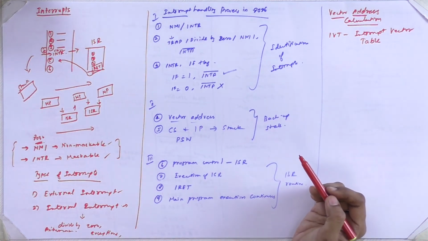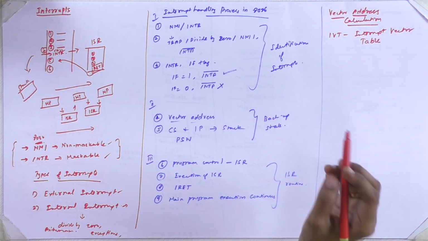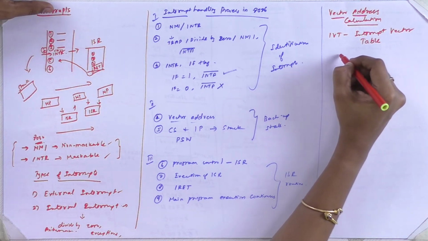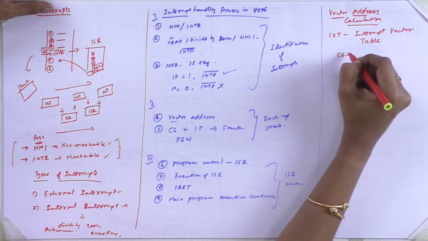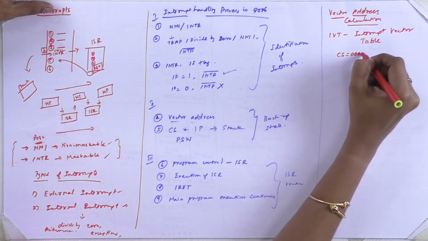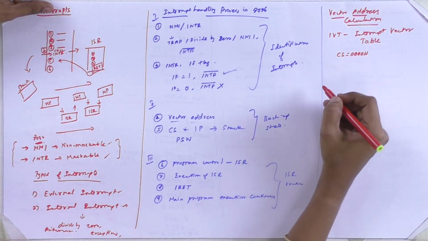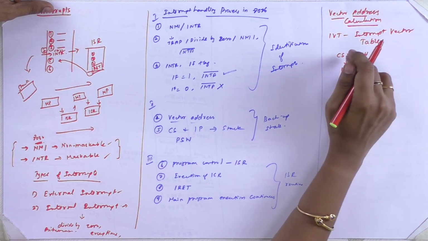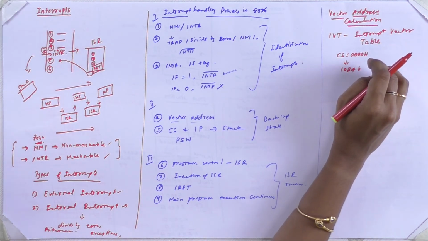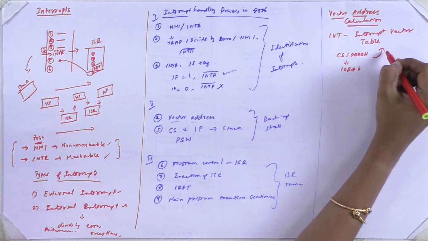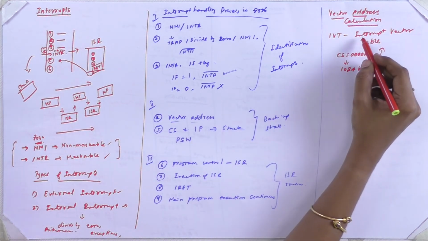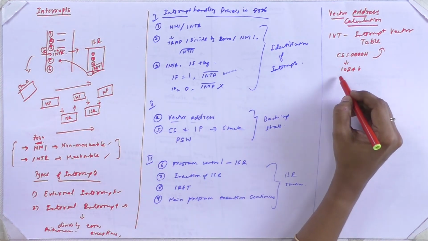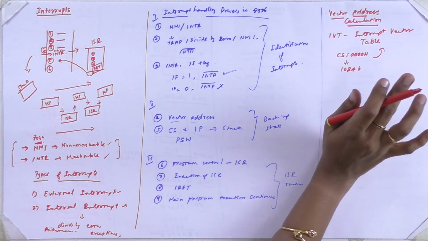This interrupt vector table is inbuilt in the processor memory, starting in the code segment at 000H. The first 1024 bytes of this memory are occupied by the processor to store this interrupt vector table. So the total size of the interrupt vector table is 1024 bytes.